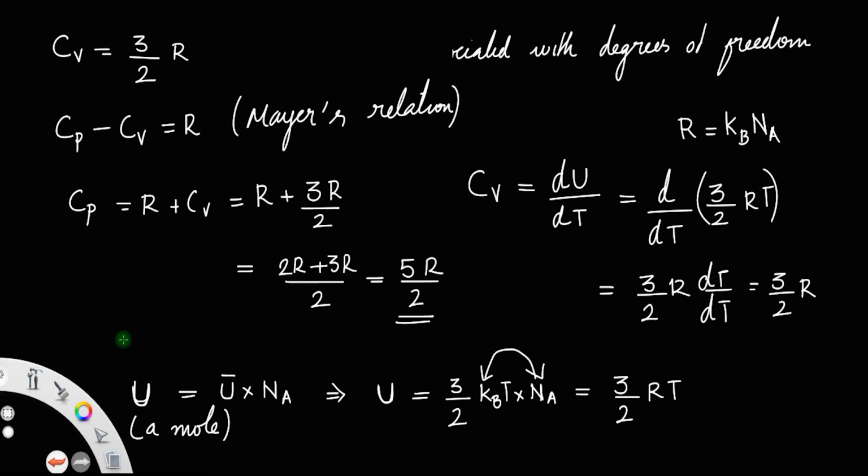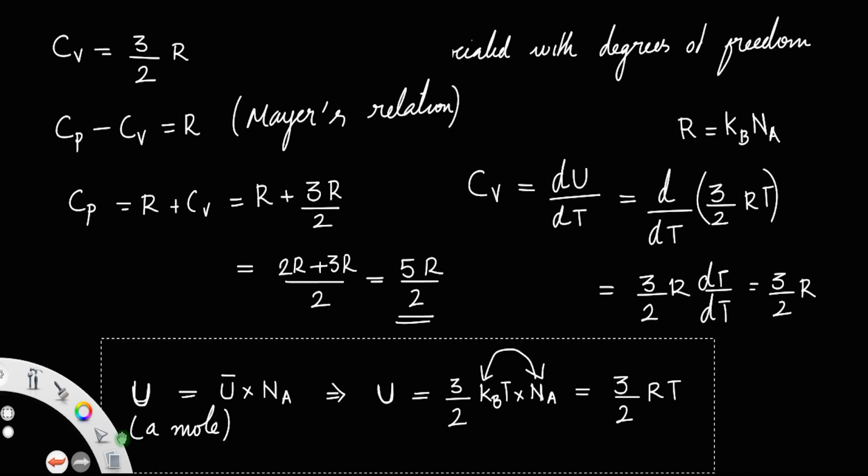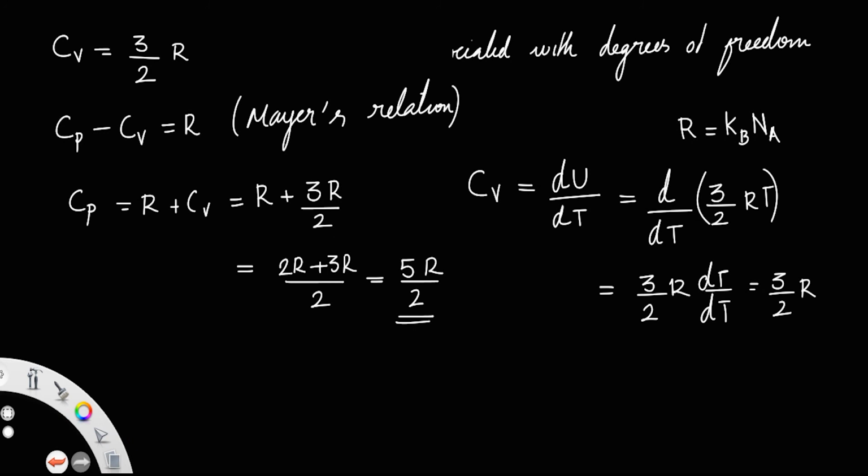Now the specific heat ratio of monoatomic gas, let's say specific heat ratio or gamma, gamma mono is equal to Cp by Cv. But you have Cp equal to 5 by 2 R divided by Cv equal to 3 by 2 R. R cancels.